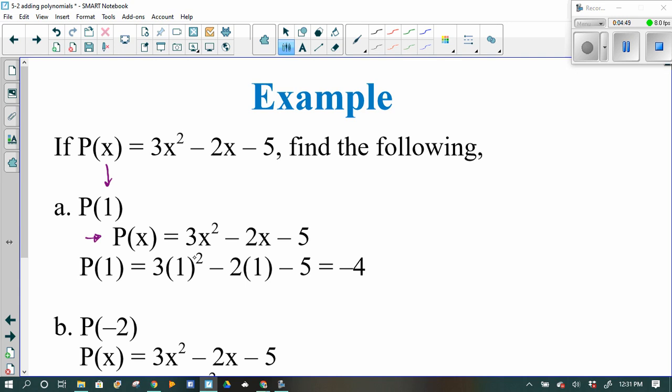This is 3 times 1 squared, minus 2 times 1, minus 5. And it's going to equal negative 4. Because 3 times 1 squared is 3 times 1, which is 3. 3 minus 2 minus 5. 3 minus 2 is 1. 1 minus 5 is negative 4. So that is where the answer comes from.